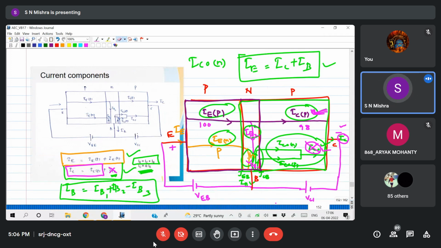Yesterday I have given all these equations. IC equals to this plus this. If ICO is not there, then IC equals to only ICP.